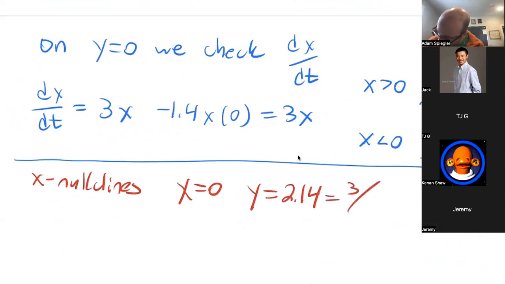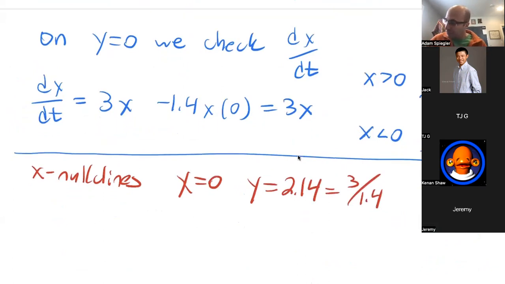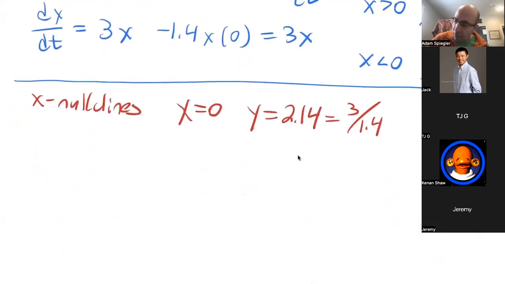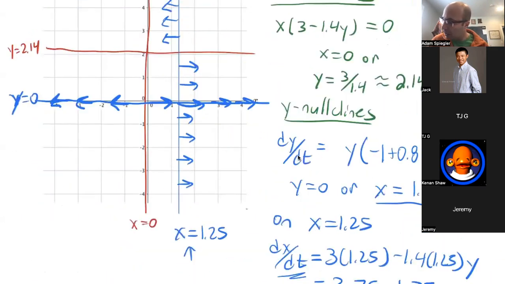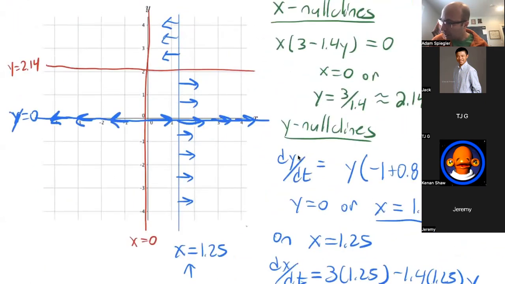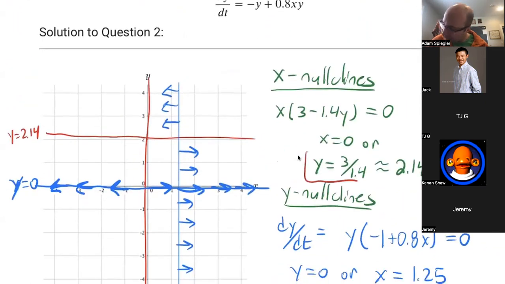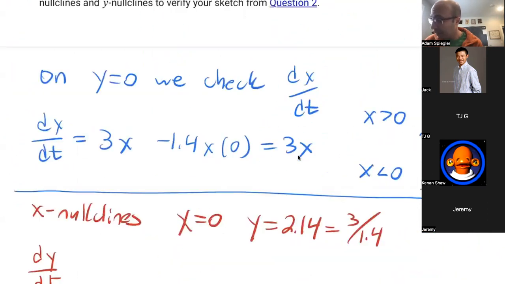More specifically, it was 3 divided by 1.4, which is just 15/7 if you wanted an exact fraction.